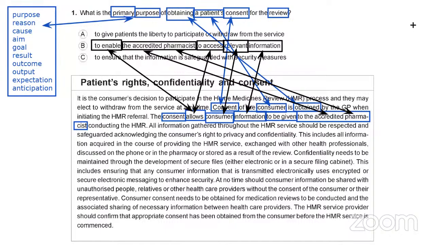So primary purpose, they are taking the consent so that it will be given to the accredited pharmacist. So he will be getting access. If you give this to the accredited pharmacist, he will get access. Otherwise, he will not.